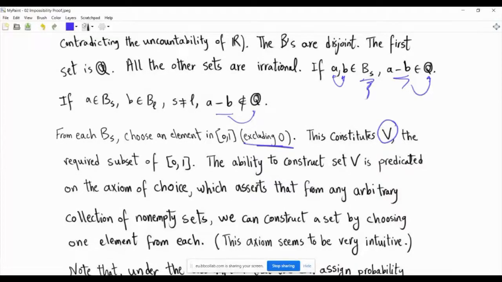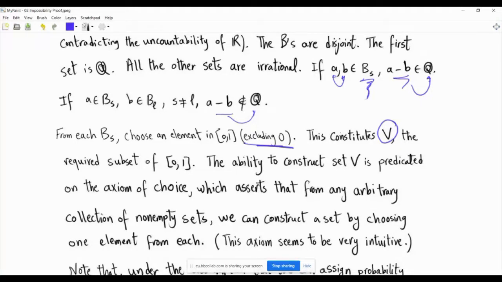Okay, and now remember that we are operating under the assumption that we have the power set as our sigma algebra. In other words, every subset of [0, 1] is feasible, and every subset should be assigned a probability. Because the probability measure is a function from the elements of the sigma algebra to the closed interval [0, 1].